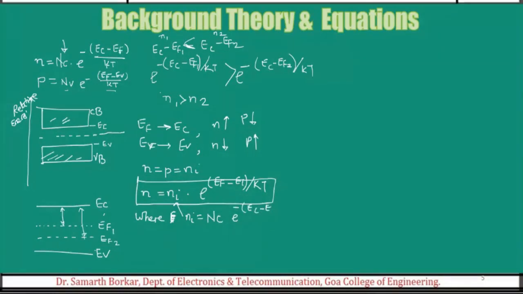Now Fermi level in case of intrinsic semiconductor can be denoted simply as Ei.